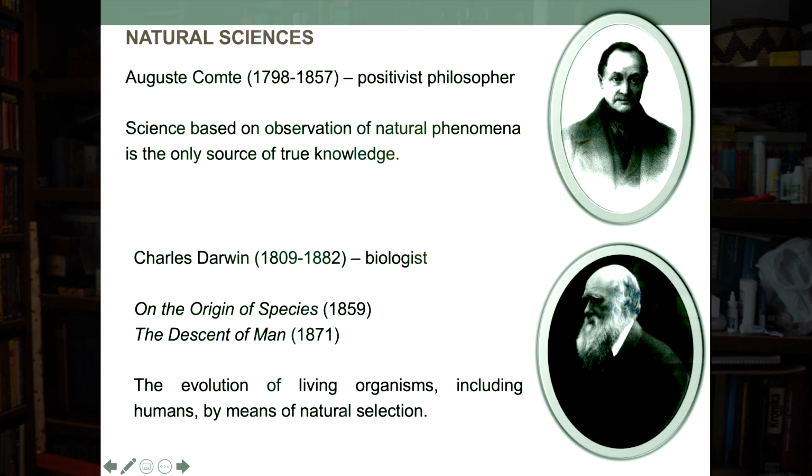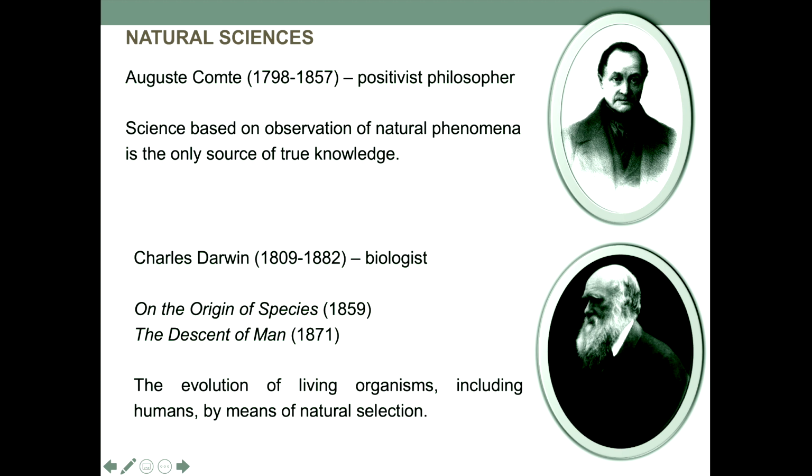Here we have two philosophers, or natural philosophers as they were called then, which now would probably mostly translate into scientists. Auguste Comte, a French philosopher, and Charles Darwin, a British biologist or natural philosopher, natural scientist as he called himself. So why do I have them here on this illustration?